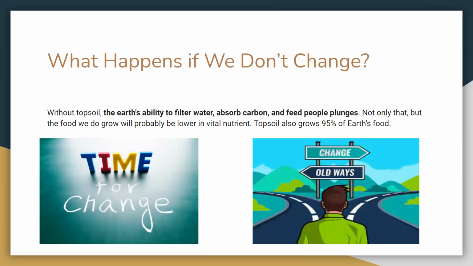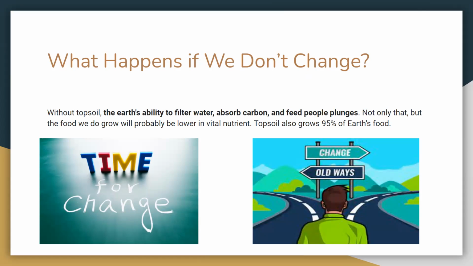What happens if we don't change? If the United States goes about their way, not changing what they're going to do, we could lose the ability to even filter water or absorb carbon or feed people. These common things that Earth can do itself can no longer be done because of the pollution and loss of topsoil.